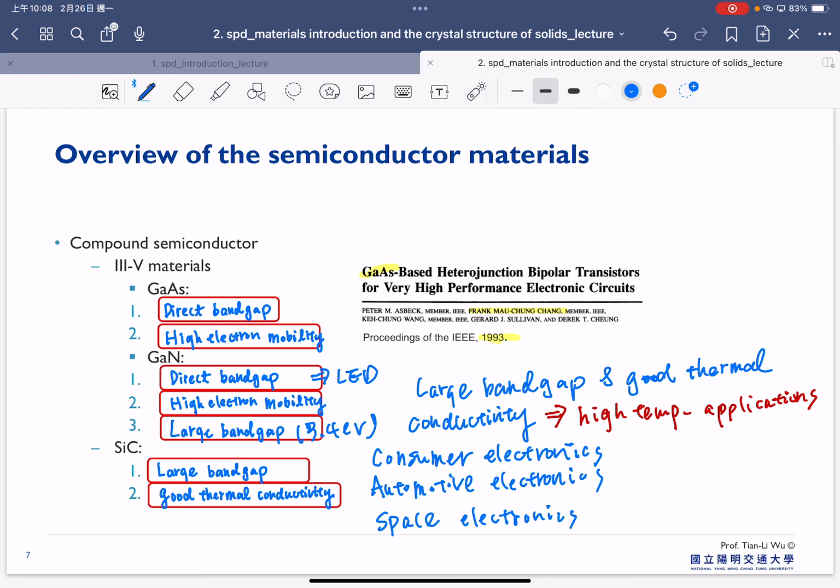Of course, there are huge differences in specs for these electronics. For consumer electronics, we usually expect a lifetime of 3 to 5 years, because after 3 to 5 years you already consider replacing your cell phone. You want to buy a new one.